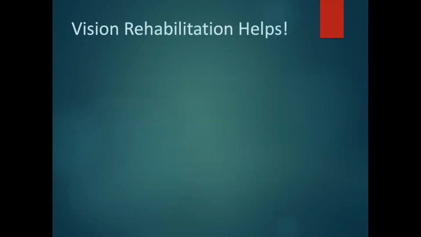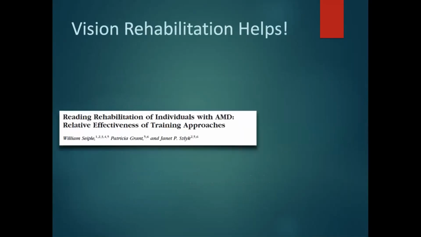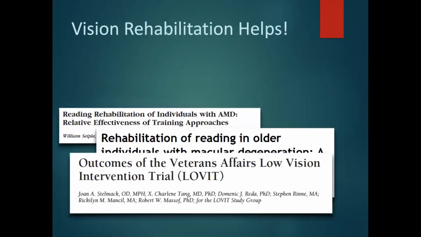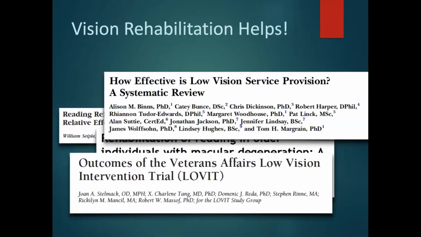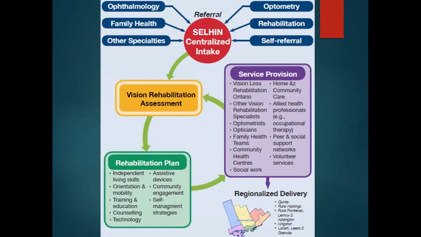And so the question is, how do we mitigate that risk and that cost? There's good evidence that vision rehabilitation helps. There are a lot of gaps in care in terms of vision rehabilitation. In the Southeast LHIN, we've created the Southeast Ontario Vision Rehabilitation Service, so that if you are a family physician, an occupational therapist, an ophthalmologist, an optometrist, whoever, you can access this service.